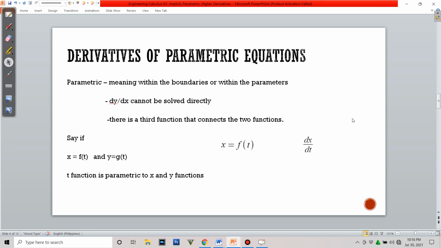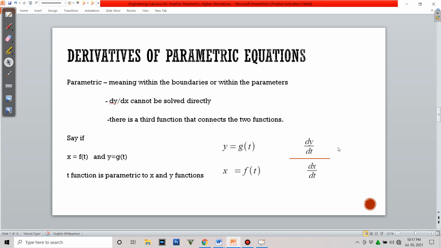So what we do is derive x in terms of t, which becomes dx over dt, and y will be derived in terms of t, which becomes dy over dt as well.